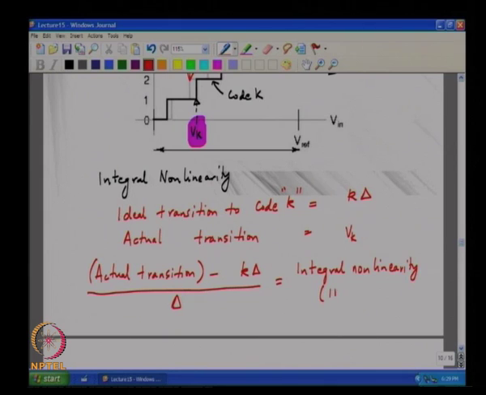Or INL, and this is also clearly a function of the code. So, INL of k. Do you think differential nonlinearity and integral nonlinearity are independent?